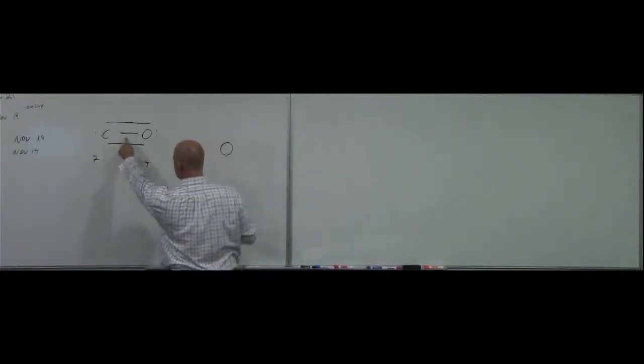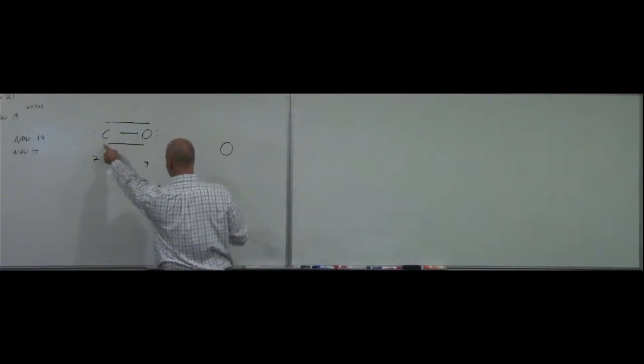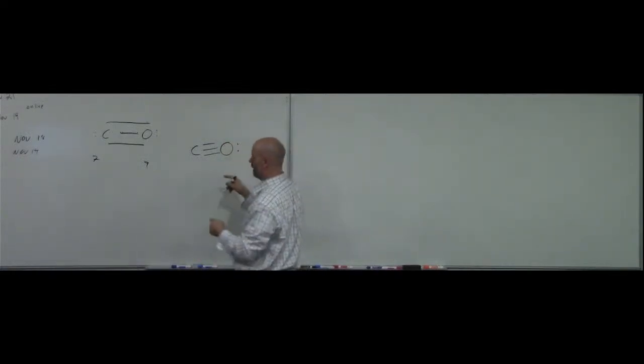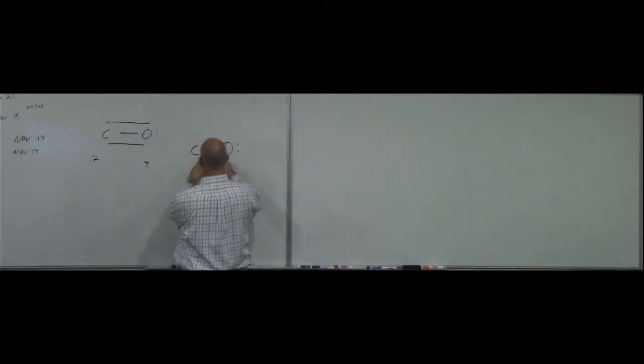If I were to redraw this, what happens in a situation like this is oxygen doesn't give his electron so much. It's not like it swaps and runs over there. What does happen is we get this triple bond. Oxygen has this unshared pair, and this last bond is a special kind of bond.